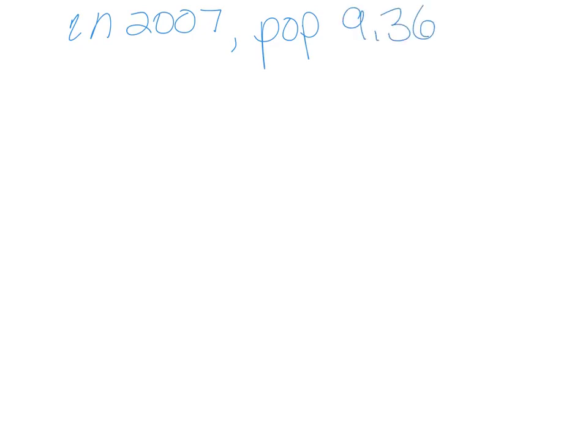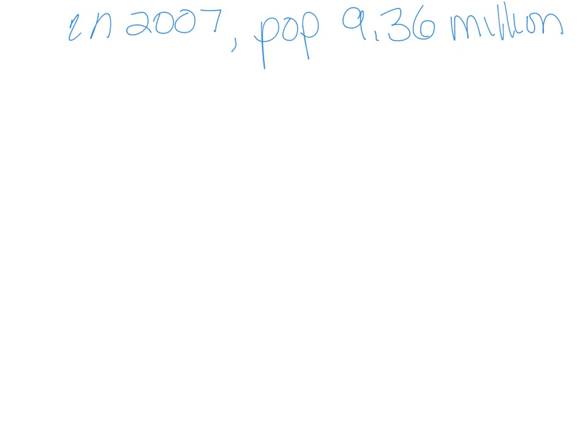The other thing we can do is sort of write a model observing a population today, or maybe a population long ago and then a population today. So maybe we say something like, in 2007, I'm using an example out of the book, there was a population in a state of 9.36 million people.